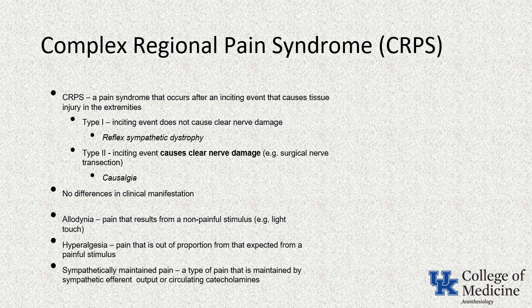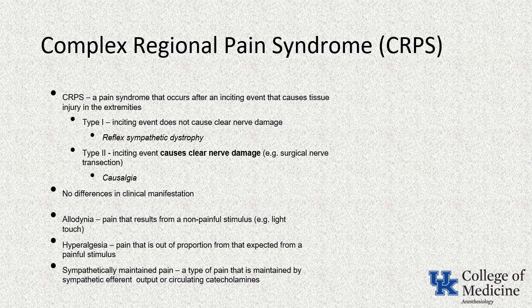On to complex regional pain syndrome. This is a pain syndrome that occurs after an inciting event that causes tissue injury in the upper or lower extremities. It's divided into 2 subtypes.